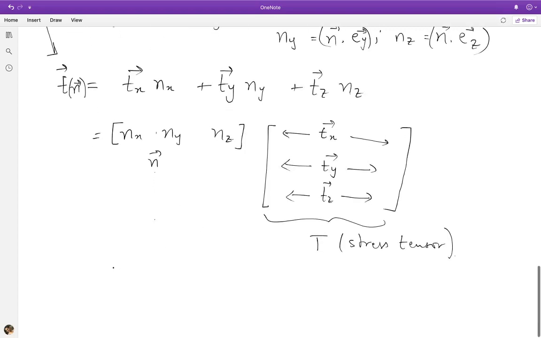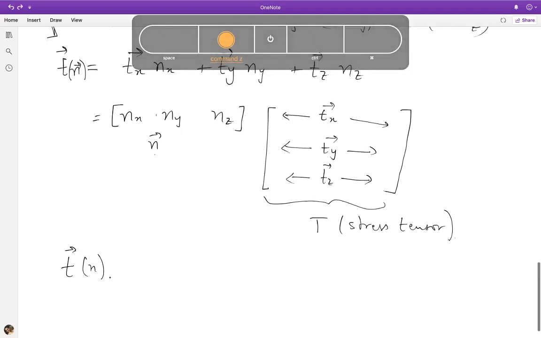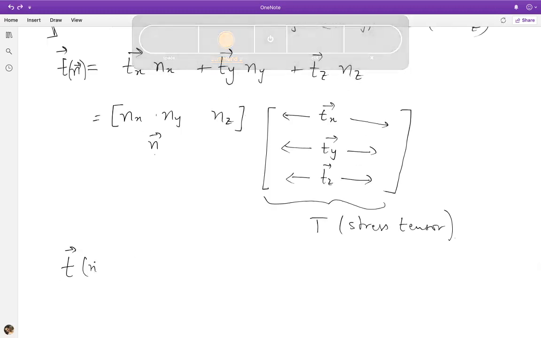And so I can write finally Cauchy's fundamental theorem to specify the stress vector for any arbitrary orientation n at a given point x, in terms of the stress tensor at that point x.